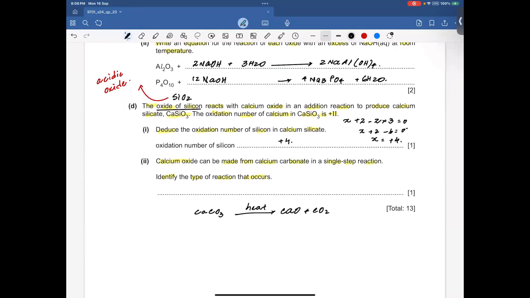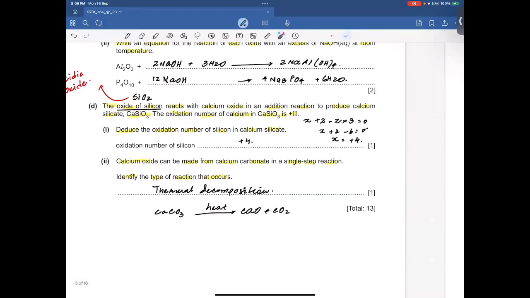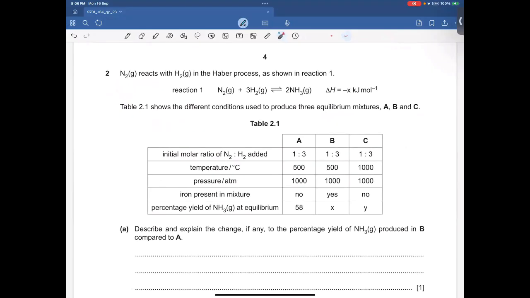And the type of reaction is going to be thermal decomposition, because heating is required for the decomposition of this compound, okay? So that's the question number 1, guys. Question number 2, my bad, okay.